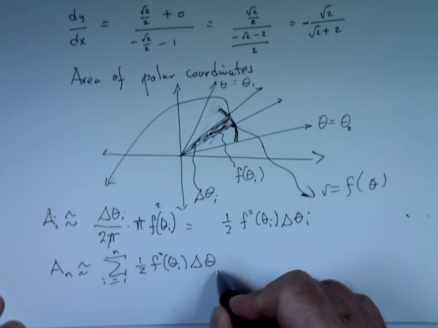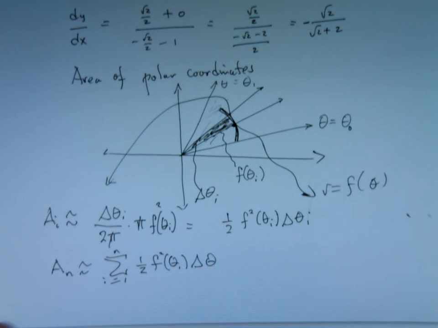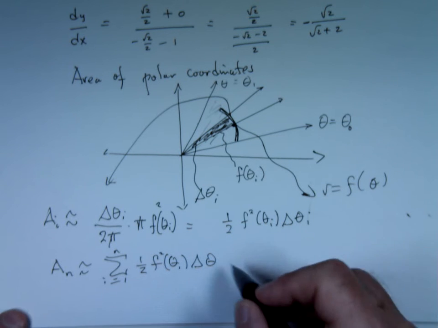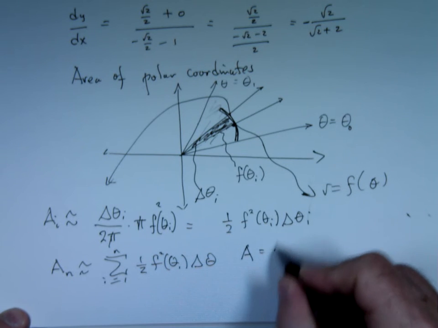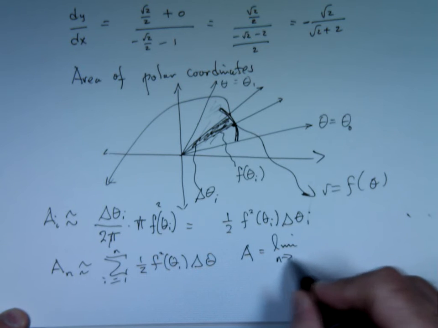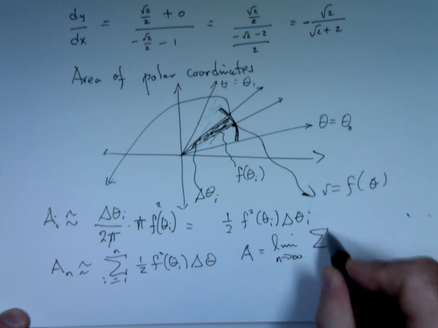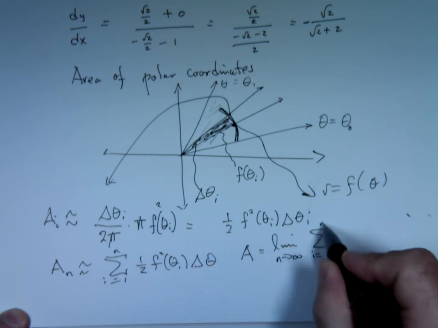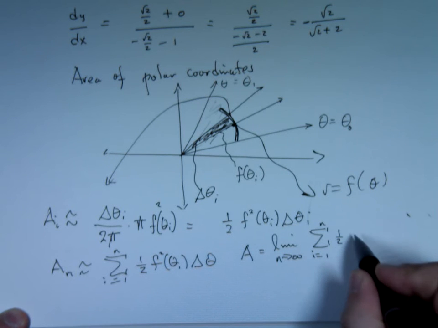If I make the delta thetas all the same, I don't even need a delta theta i. And what's the exact area then? It would be the limit as n goes to infinity of all this. I could have taken the 1/2 out front.